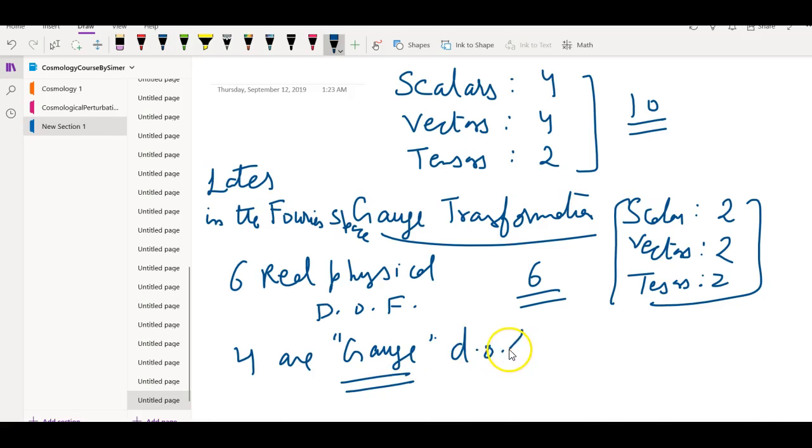Gauge degrees of freedom can be eliminated by a proper choice of gauge. So by a proper choice of gauge, you can eliminate 4 degrees of freedom, you can eliminate 2 scalars, you can eliminate 2 vectors, and you will be left with 6. So the other 4 are present because of your choice of gauge. They are not real. And if you choose your gauge properly, you can get rid of them.